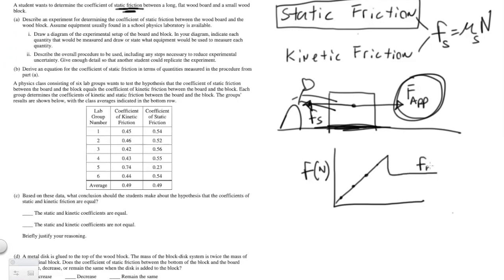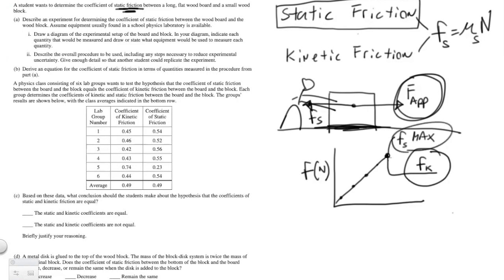So this would be kinetic, the box starts to slide. Generally speaking, kinetic friction is always less than the maximum static friction. This point right here represents the maximum static friction.